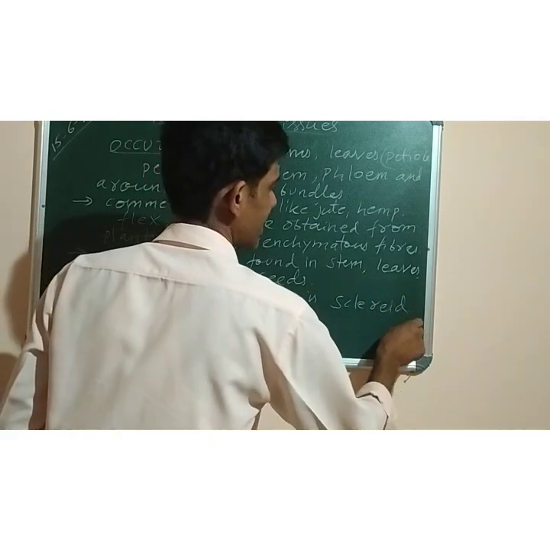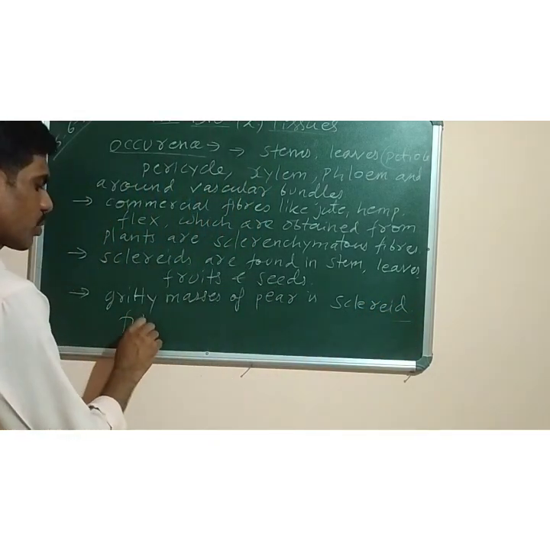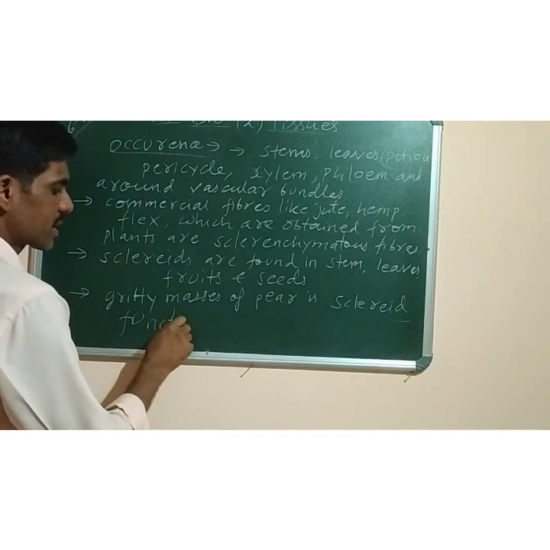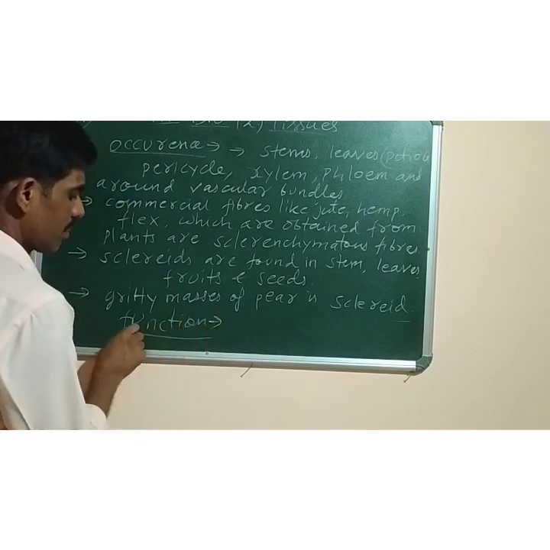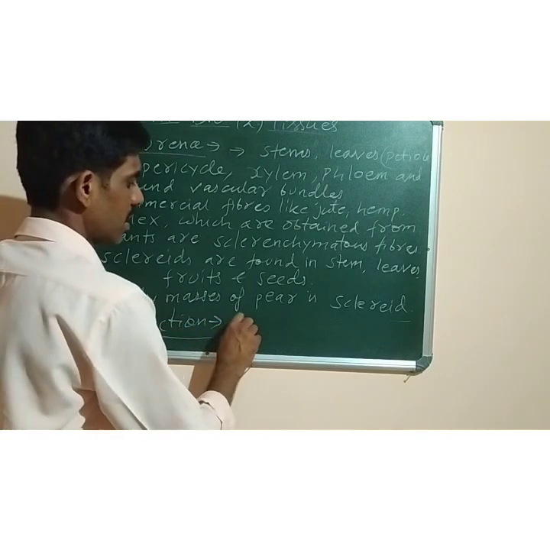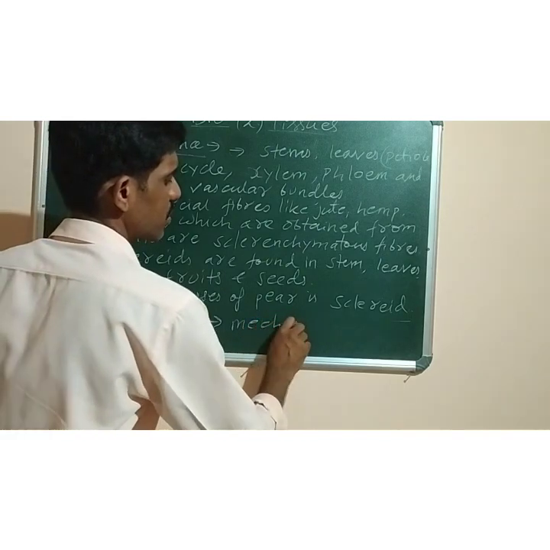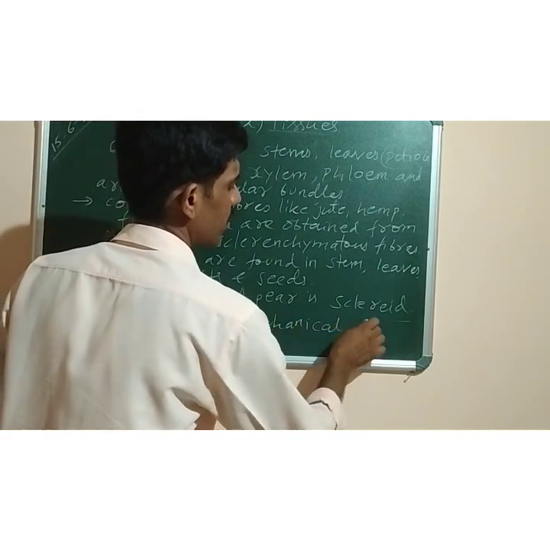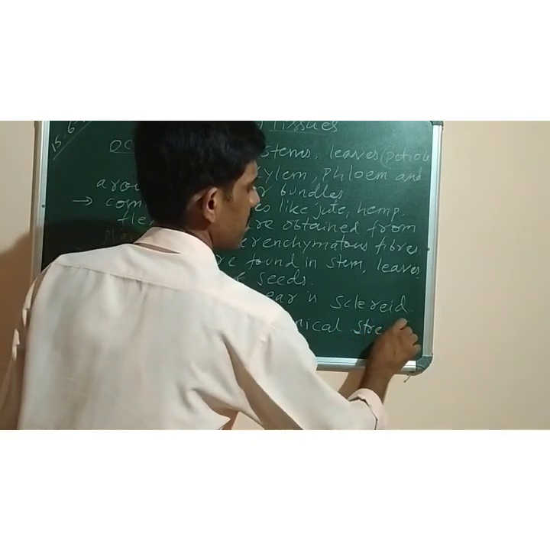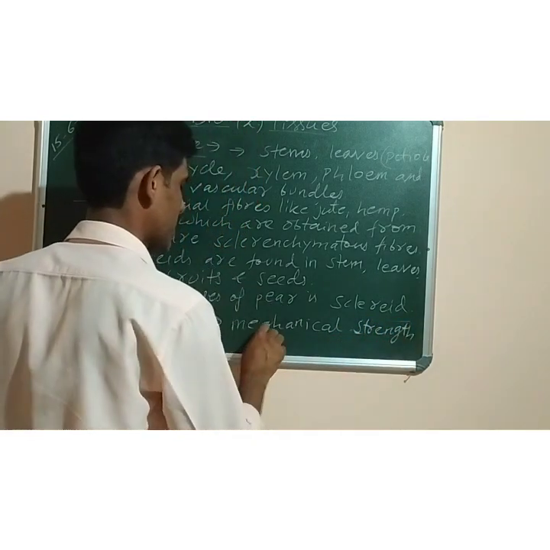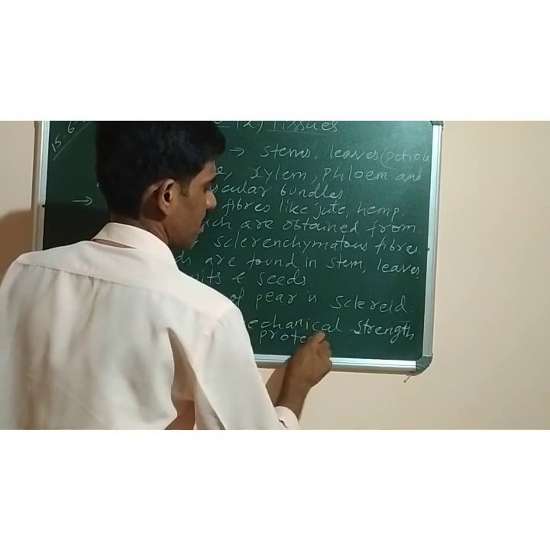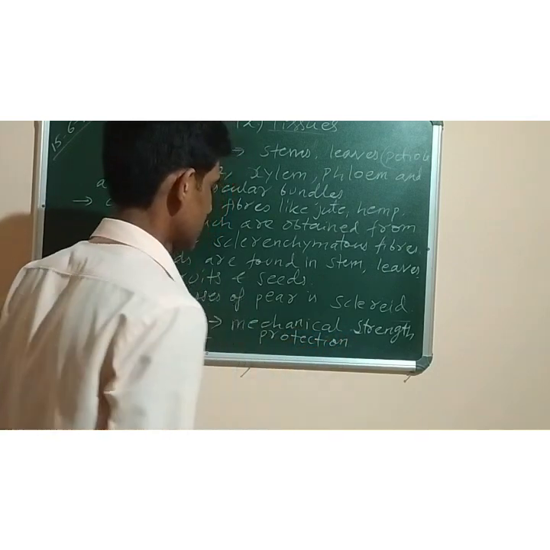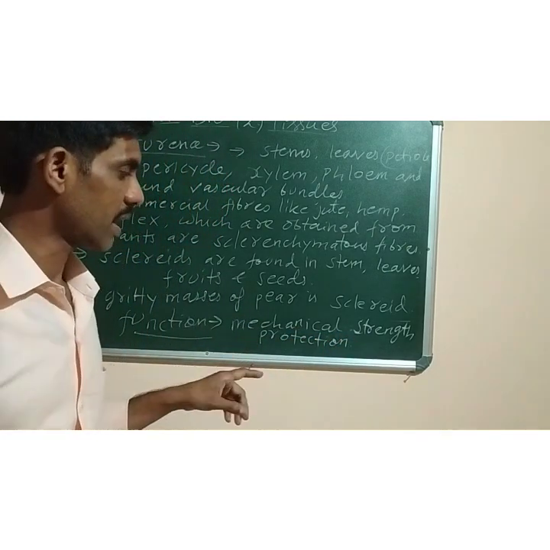It is a type of sclerenchyma tissue only. And the last point is the function of sclerenchyma tissue. It is mechanical and protective in function. So two words you can learn: mechanical strength and protection to the plant parts. So two functions: mechanical strength and protection.